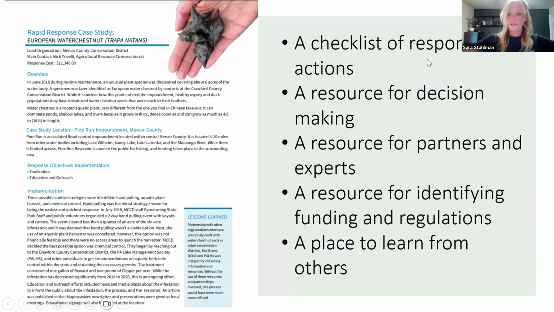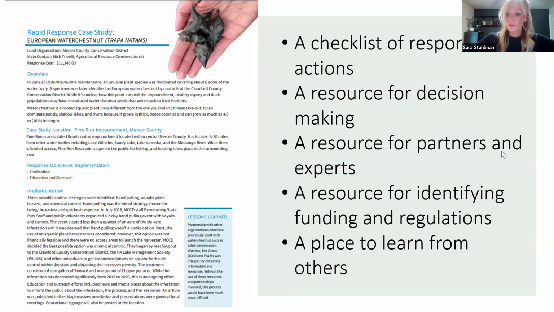So again, it's a checklist of response actions. It's quite literally a checklist, a resource for decision making. There are tools that help you lay out possible response options when new things are found, and then narrow down what action or set of actions is going to be best for that infestation, and what partners and experts should be contacted or referenced when going through the rapid response process.